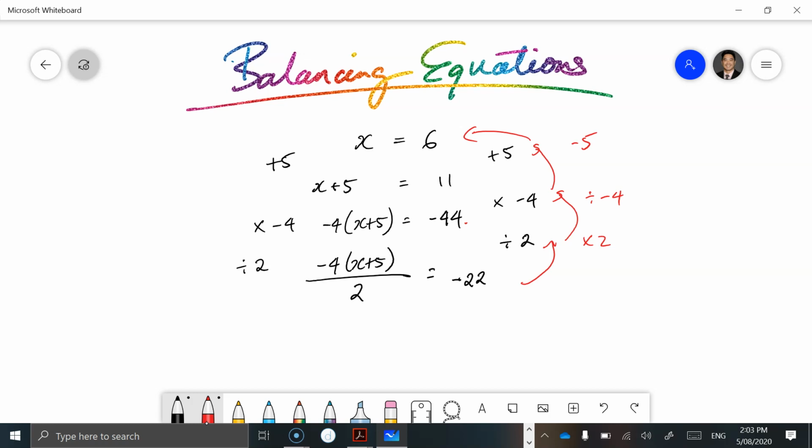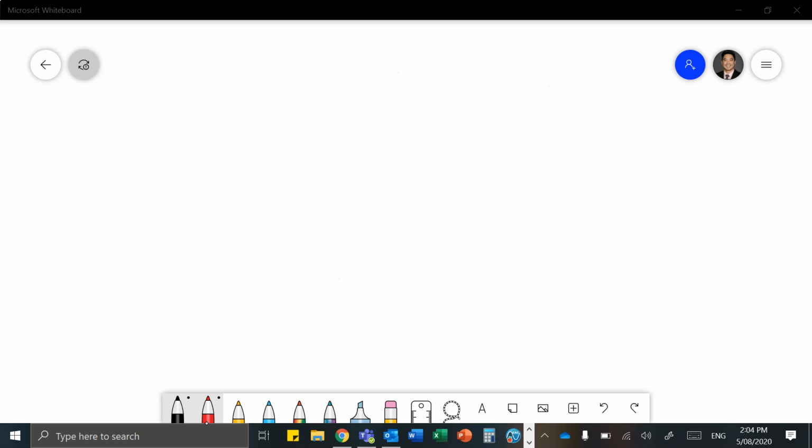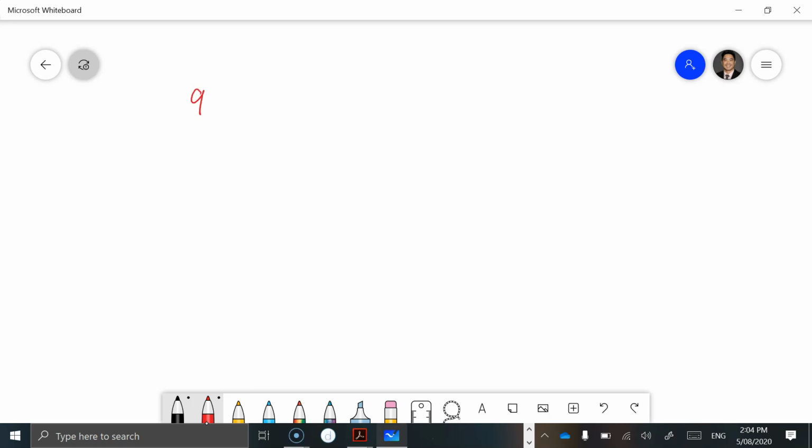Okay. I might just do a few extra questions, a couple maybe. Let's see. So let's go with q divided by 4 minus 2 is equal to 10, and we're going to work out how we get to q.